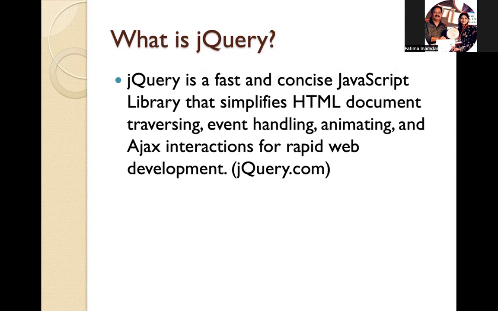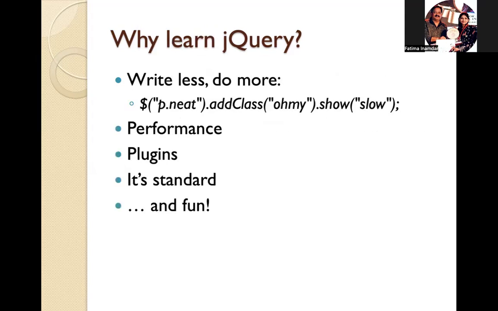Most of the time you will get the question of what jQuery is, and you can answer that jQuery is a lightweight JavaScript library that simplifies DOM manipulation and event handling, and also Ajax interaction for rapid web development. You will get jQuery at jQuery.com.